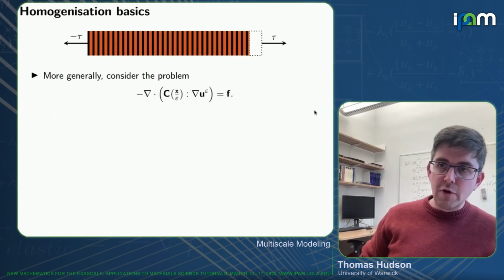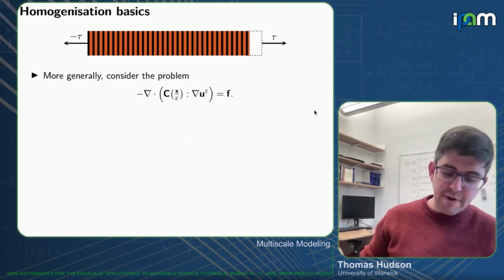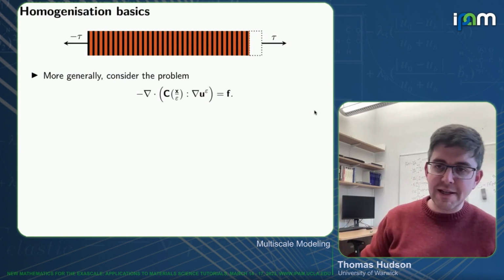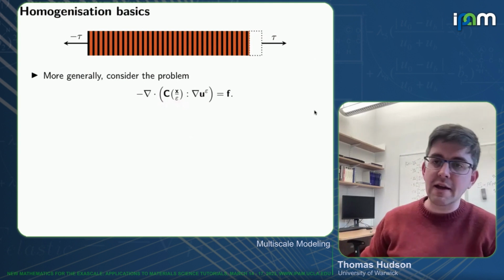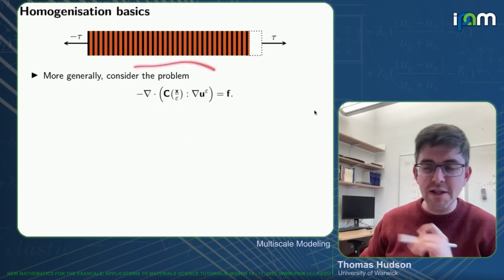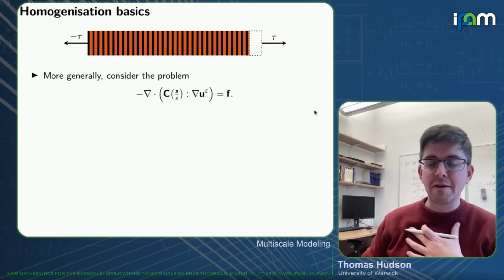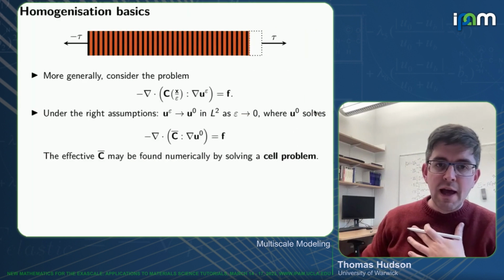And so in a more general PDE setting, we might have a fully linear elastic setting where I have an elastic coefficient tensor that might vary, and it might vary in a much more complicated way than this periodic layered structure. But I nevertheless have some PDE that I need to solve that looks something like this.